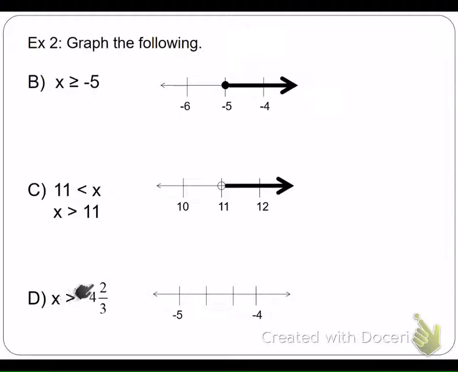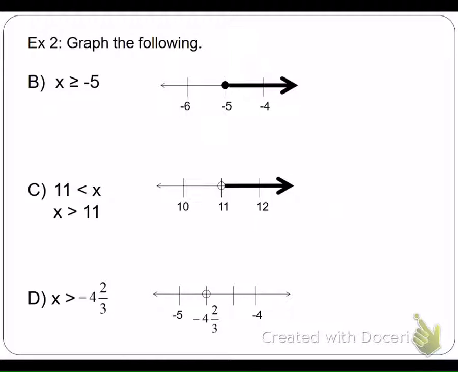Now, going to the negative, is the 2/3 closer to the -5 or the -4? -5. I need to go 2 this way, so it's going to be this guy right here. Now you follow the regular rules. Open or closed?